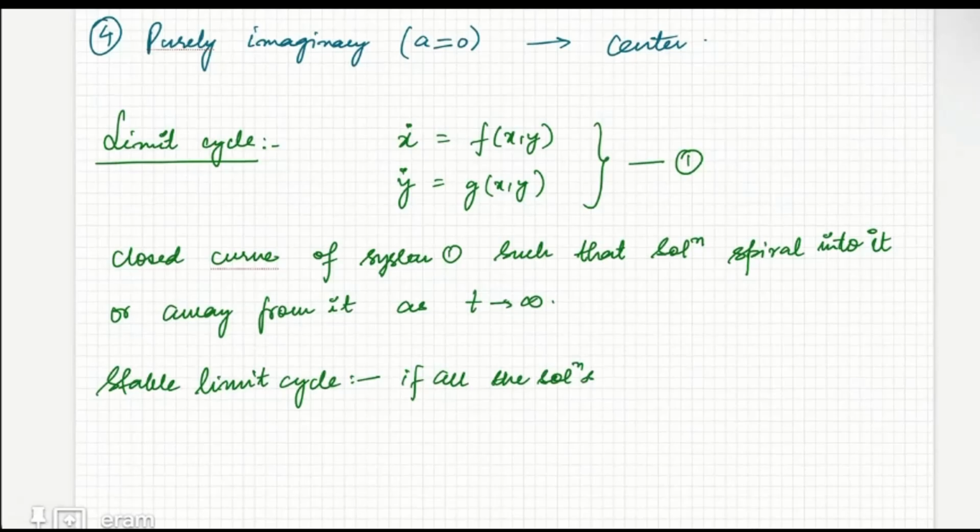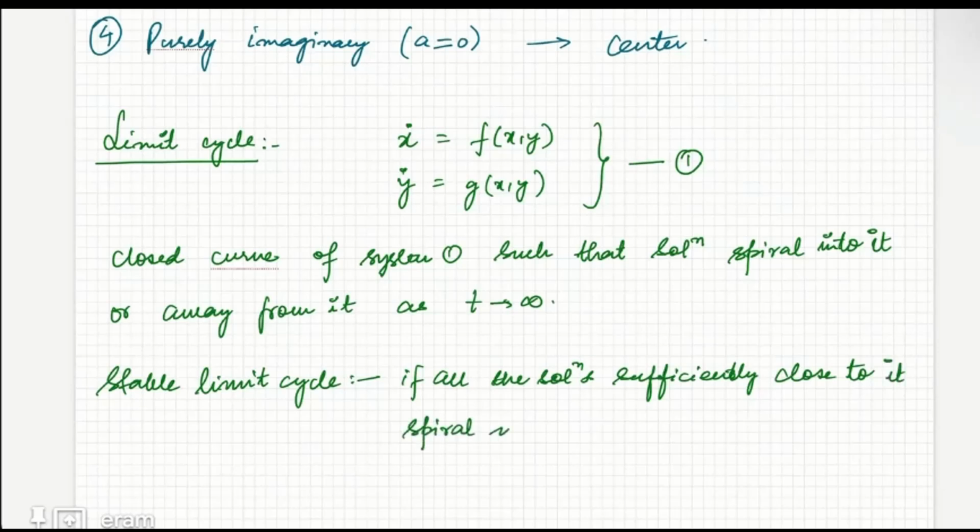So if there is a limit cycle and I start in the neighborhood of that limit cycle and spiral into it, that means all the solutions starting sufficiently close to that limit cycle spiral into it, then such limit cycles are called stable limit cycles.